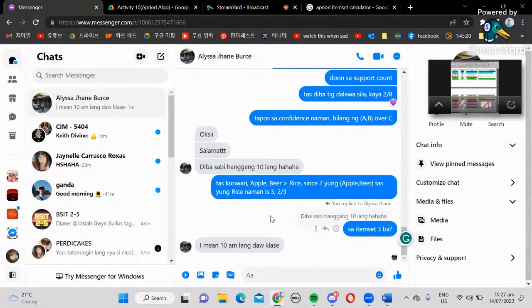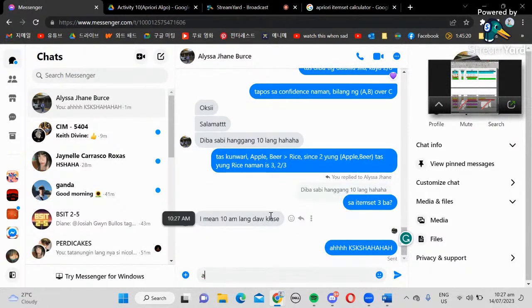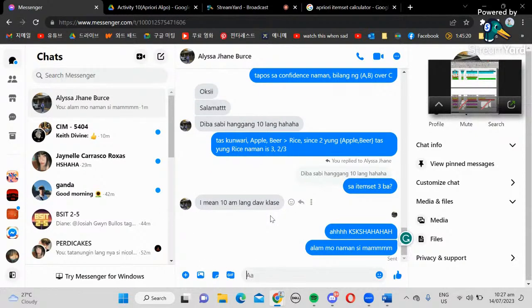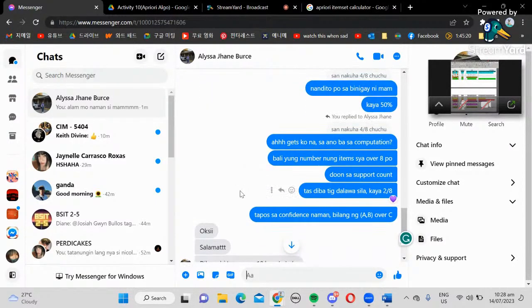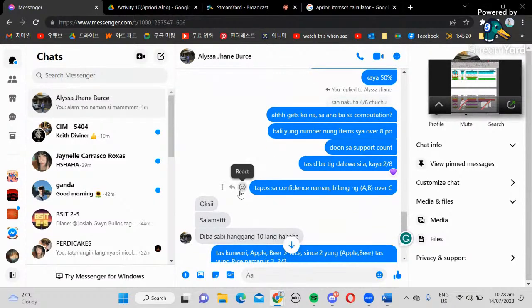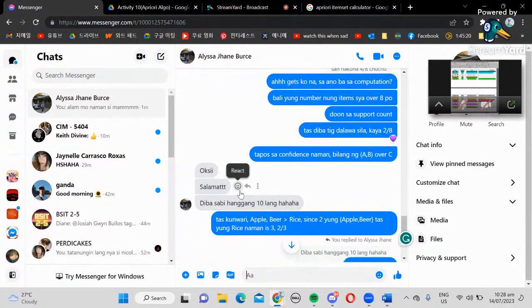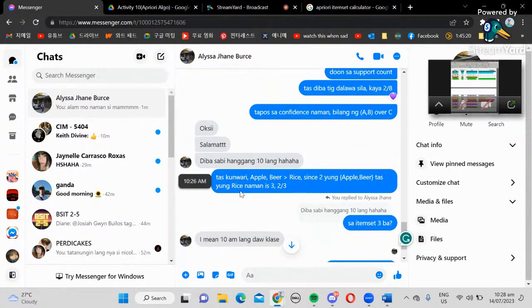So, okay, Josiah. And then we have Trisha, yes? Ma'am, yung sa akin is yung color violet po. Then, 1 minus 2/8, then divided by 1 minus 2/6 is equals to 1 minus 0.25 over 1 minus 0.33 is equals to 1.125.